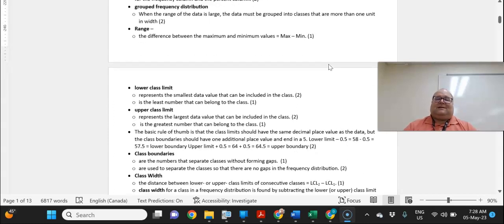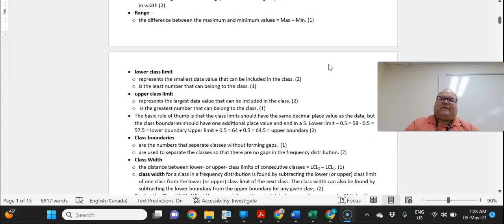This allows us, along with a value determining the number of classes or the number of bins that we're going to be using, to find our class width, which is found by taking the range, dividing it by the number of classes you want, and always going up to the next integer or next whole number. Even if you land on a whole number, you still have to go up. So that way you have enough room.